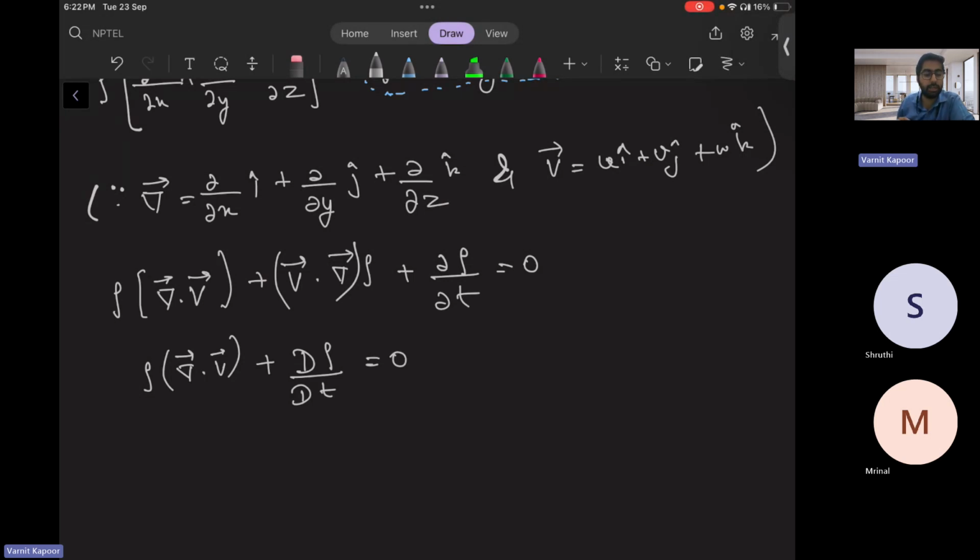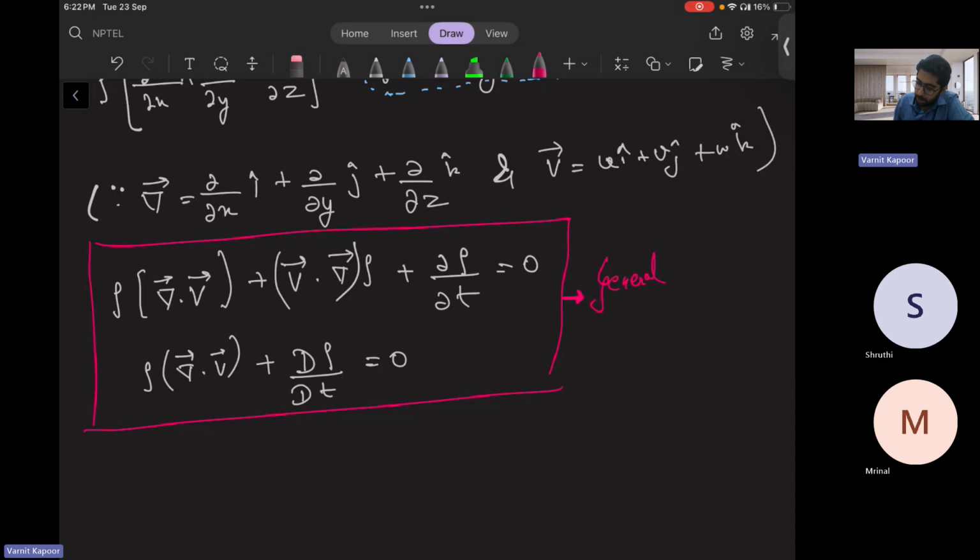This is the general continuity equation in operator form.